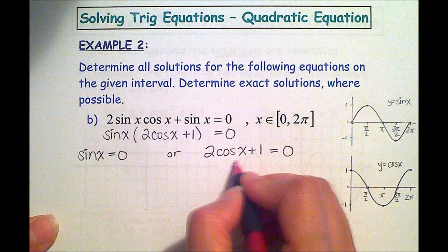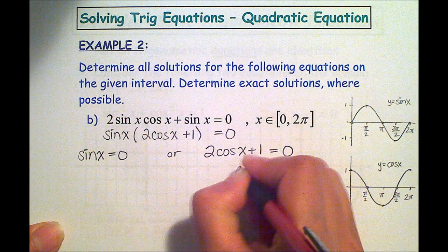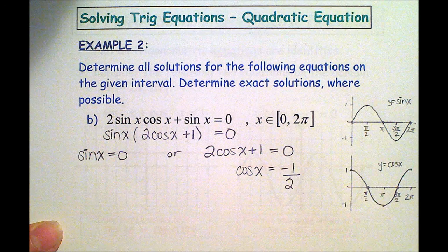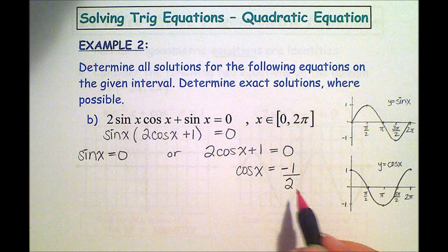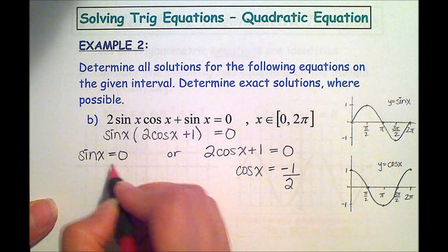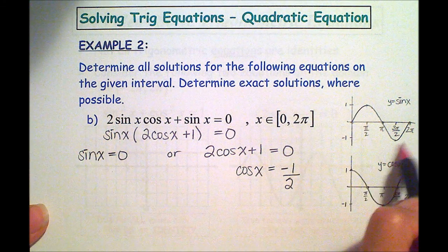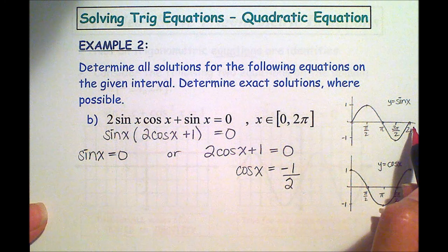And then for the second part, we have 2 cos x plus 1 equals 0, which means cos x would equal -1/2. So I need to find values of the angle x such that the cosine function would be equal to -1/2. And now just to help me solve this, I'm actually going to look at the sine function. And so here's my sine function here. I drew it at the top. And there are specific values of x that make the function equal to 0.